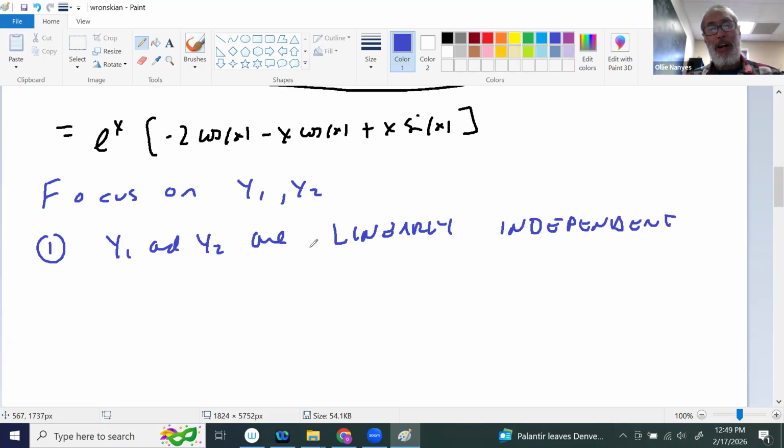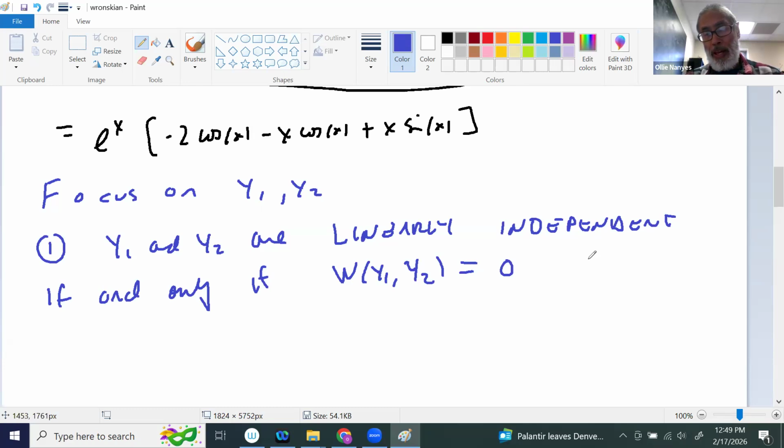Roughly speaking, if they're not multiples of each other, then they're linearly independent, if and only if the Wronskian of these two is not identically 0, meaning not 0 for all x. In other words, 0 is a function.